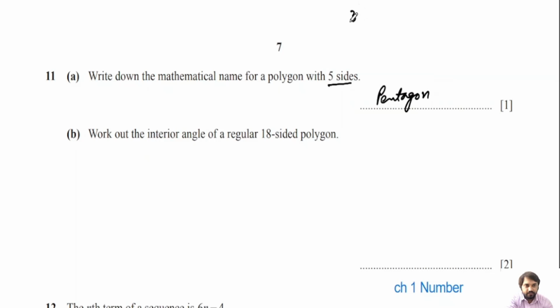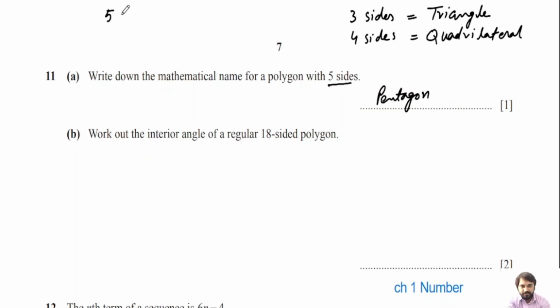A 3-sided figure is a triangle. 4 sides, quadrilateral. 5 sides, pentagon. 6 sides, hexagon. 7 sides, heptagon.